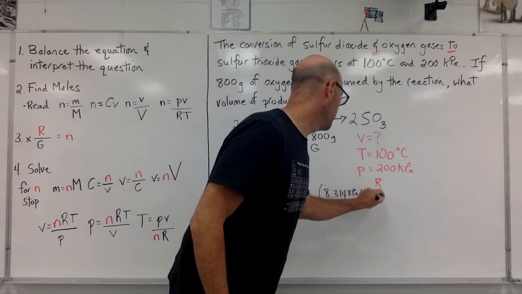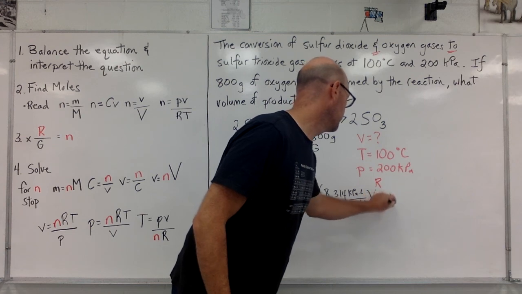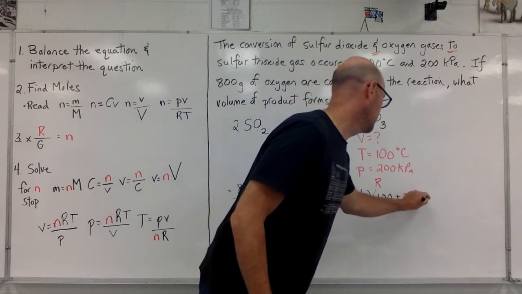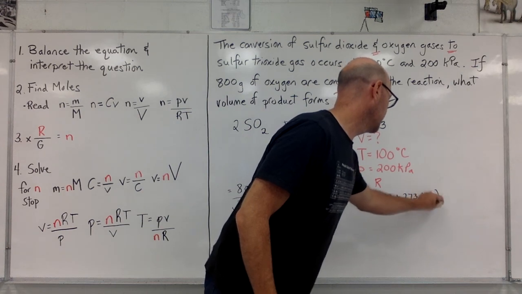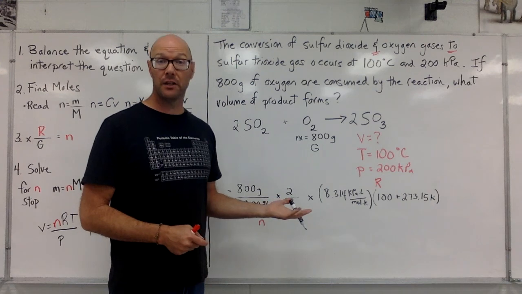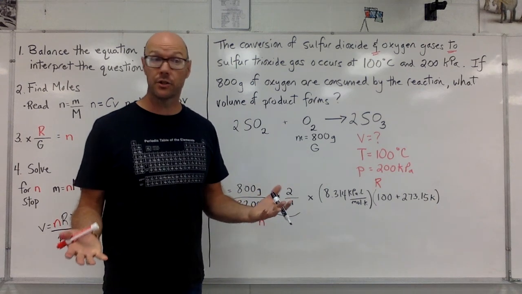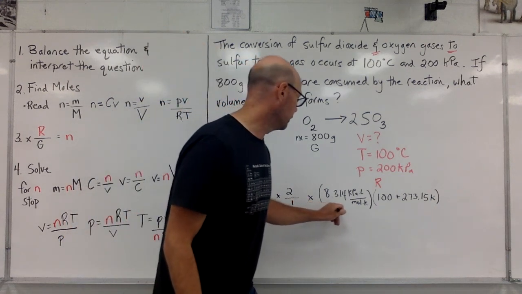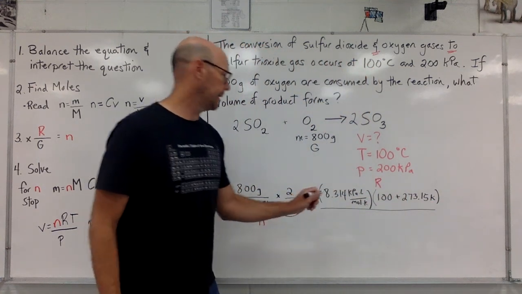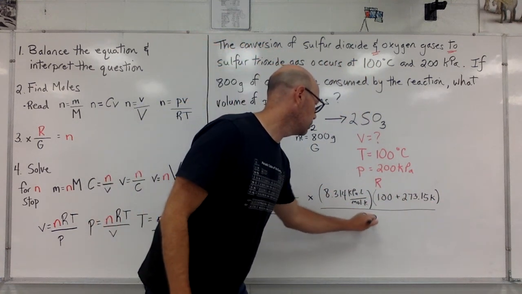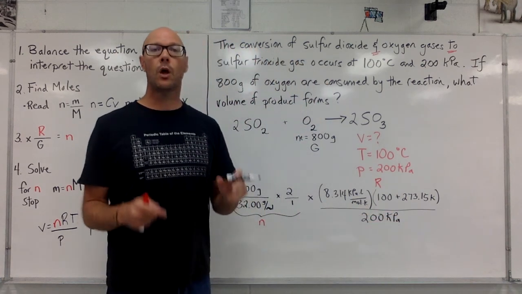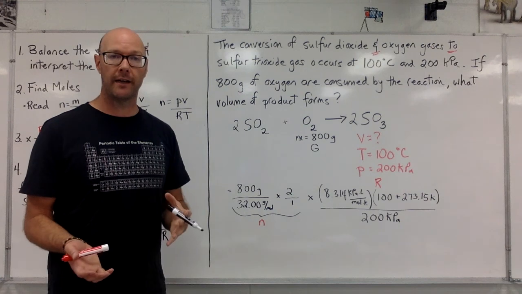That's 100 plus 273.15 Kelvin. If you just want to write in 373.15 there, that does the trick. This is over the pressure, 200 kilopascals. Quite an operation to set all of that up.